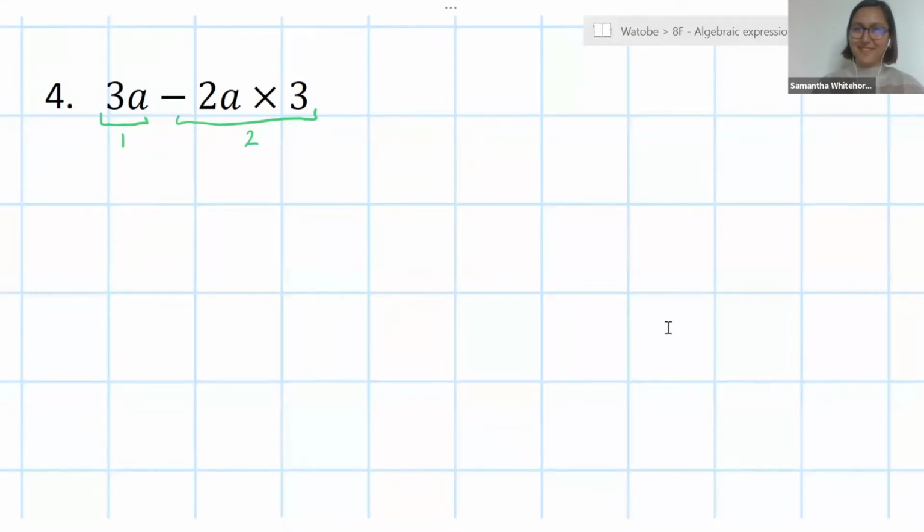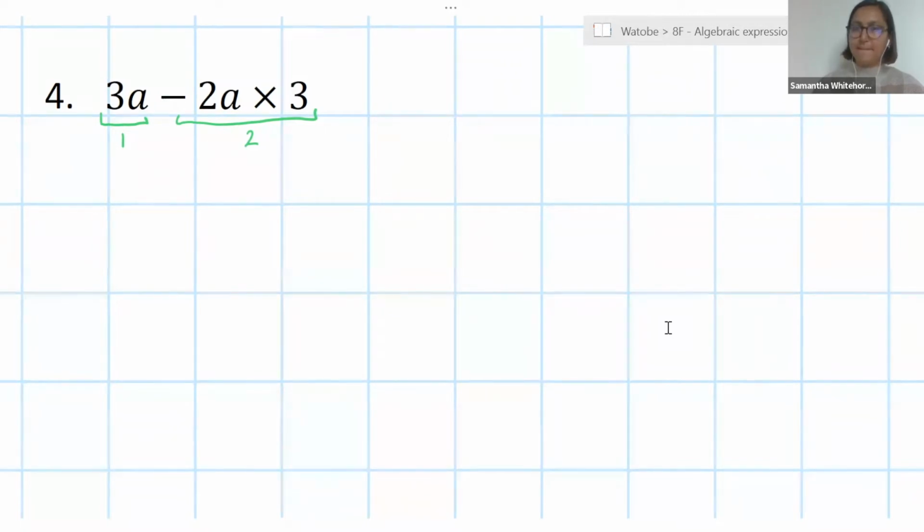Hi, ma'am. Hi, Lungile. I'm really lost here. Okay, so I said the first thing that you need to try and do is multiply the negative 2a and the 3. So have you done that? No. Okay, so try that first for me. What is negative 2a times 3? Okay.